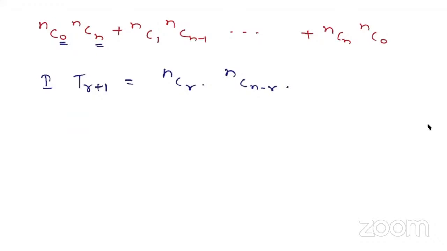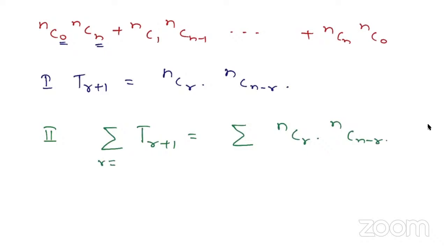And step 2, apply summation on this. While applying the summation, carefully watch the numbers. This started from 0 and goes up to n, so the complete series is starting from 0 and going up to n. Now, how to solve this?